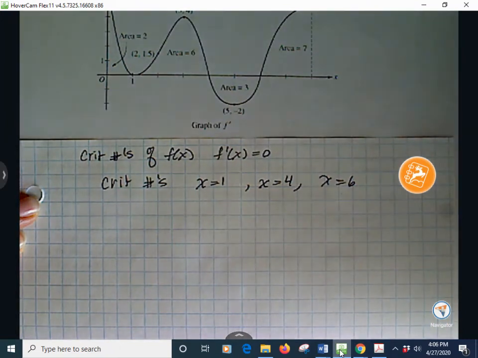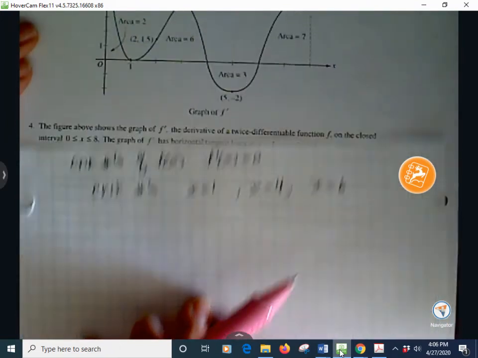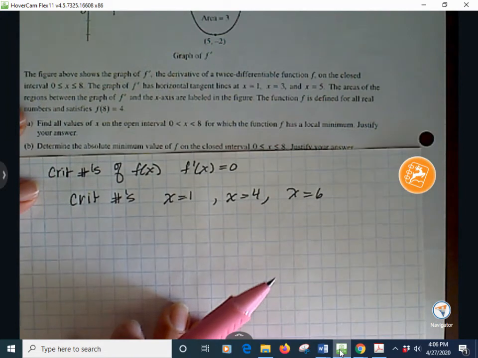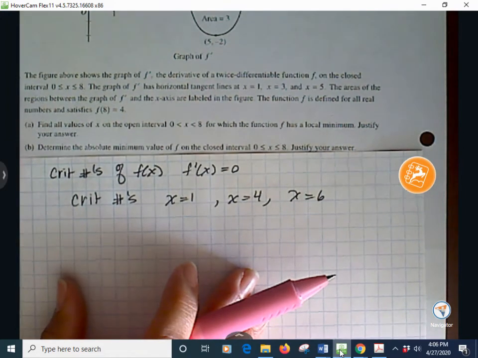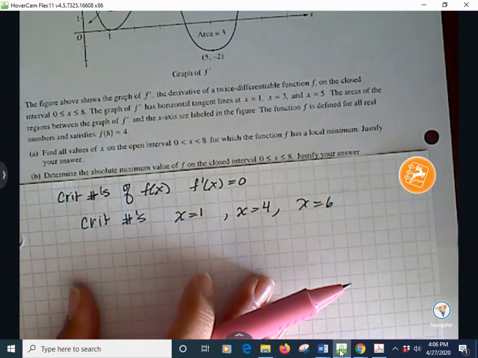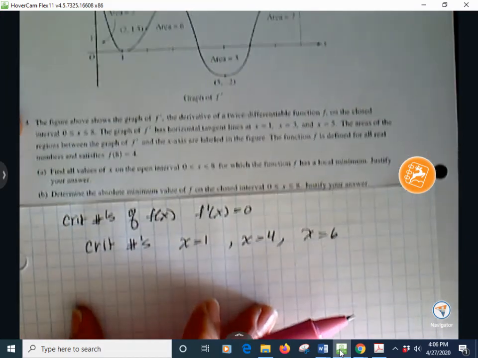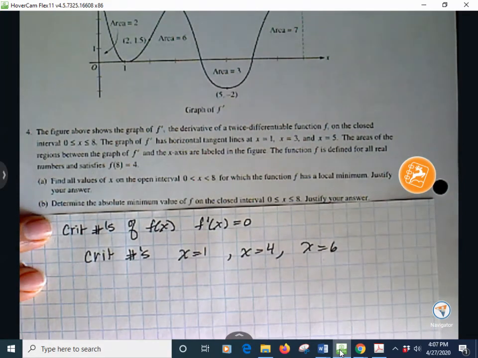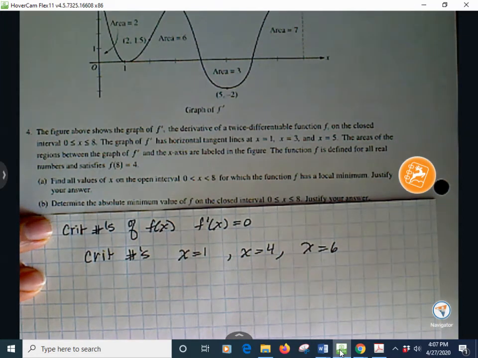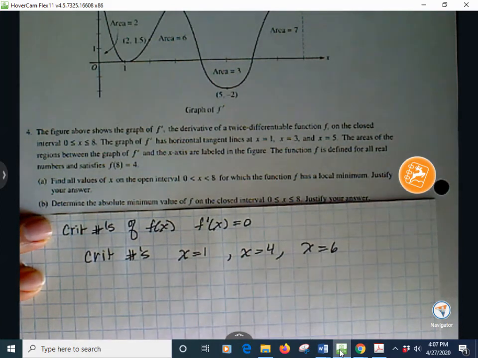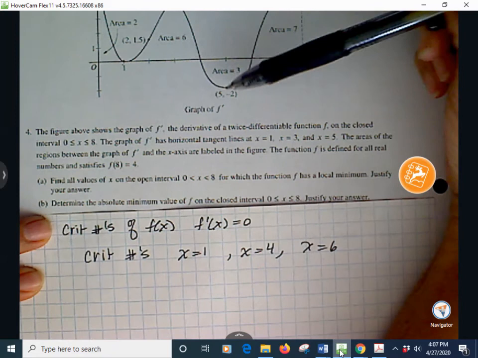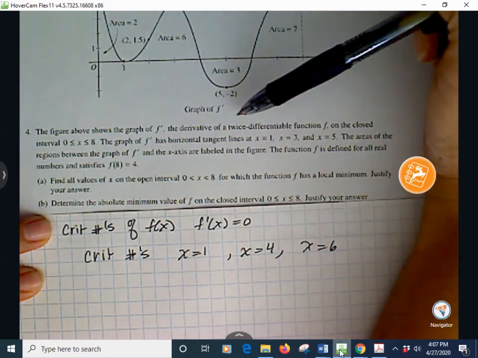So here's the thing. Since they are specifically asking for an absolute minimum and not an absolute maximum, what we want to do is find the actual candidates that would probably give us a minimum. These are candidates for an absolute extrema, but not necessarily a minimum. If you look at x equal to 1, f prime gives the slopes.